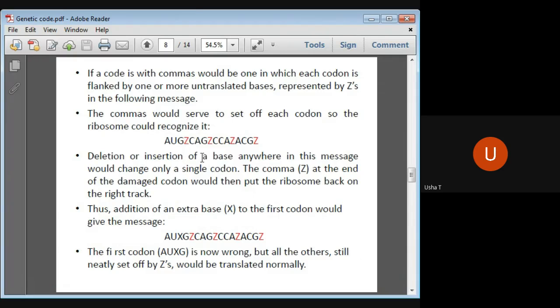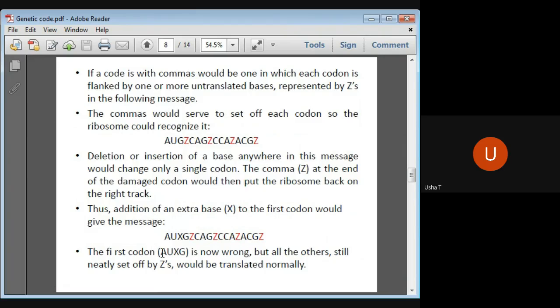Let's say we are deleting something. The comma Z at the end of the damaged codon would then put the ribosome back on the right track. Thus, addition of an extra base to the first codon would give the message AUXG, comma, CAG, comma, CCA, comma, ACG.